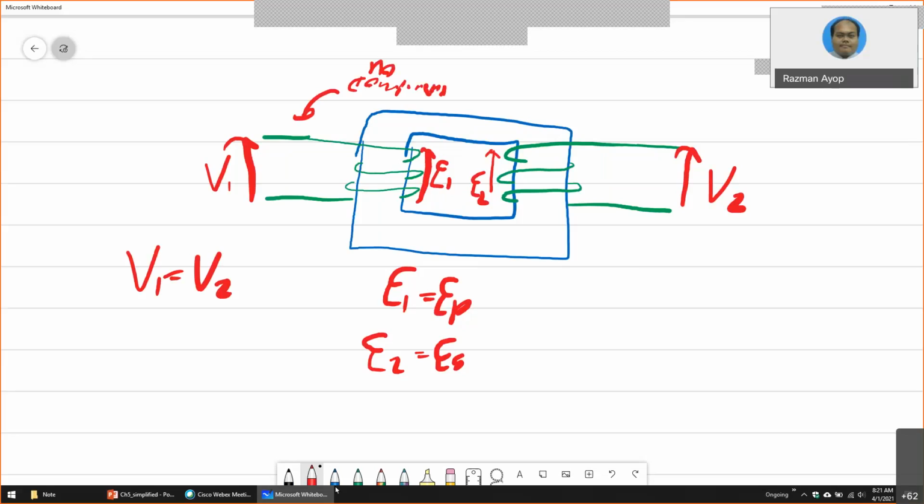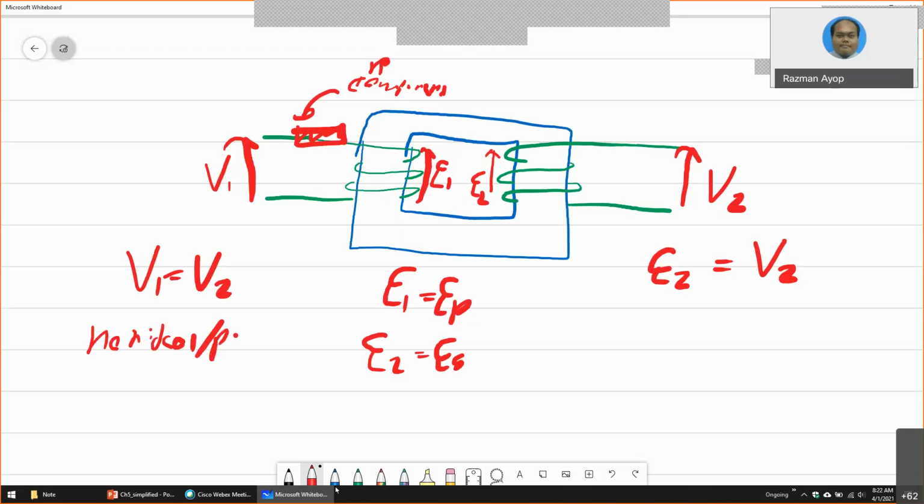Same here, E2 is basically V2. Why? Because this is ideal and there is no component. But for non-ideal or practical, there are components here, there are impedances. So when there are impedances, the voltage at V1 is different.